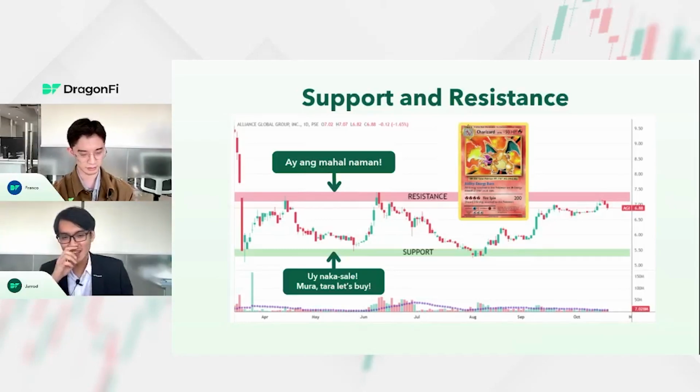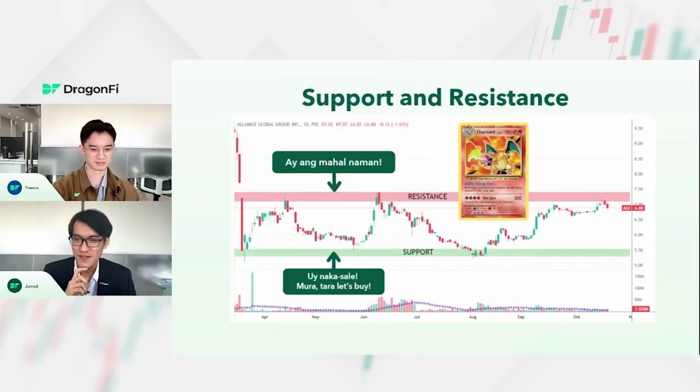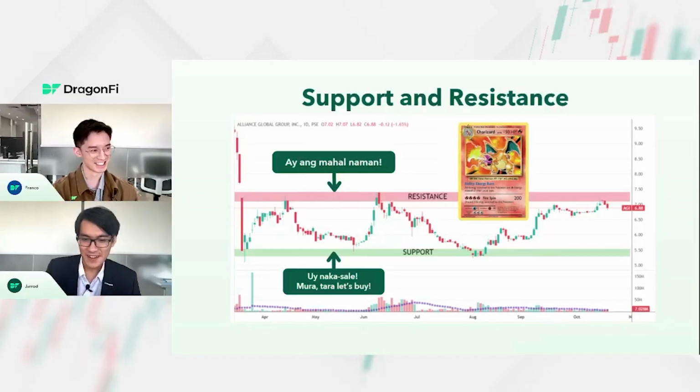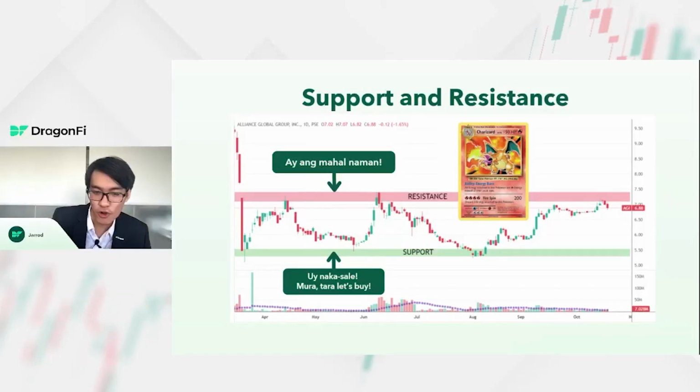Okay, so let's say, give me a price, Franco, for the Charizard card. 6 pesos. Grabe, but so let's say 6 pesos is for the collector, mura siya. At 6 pesos, you're willing to buy it. So at 6 pesos, you'll say na, uy, naka-sale, mura. So let's buy. So that's basically the support.